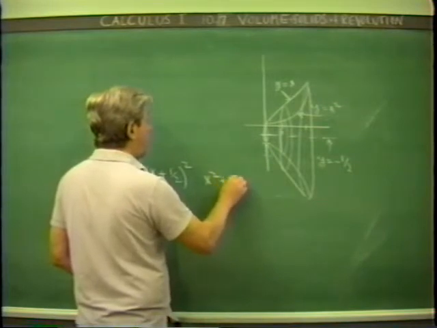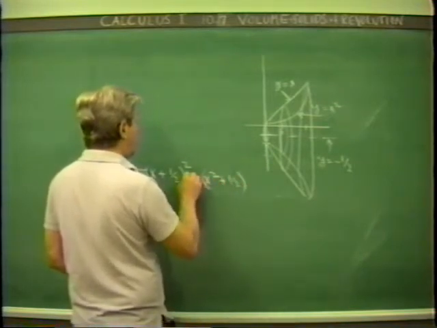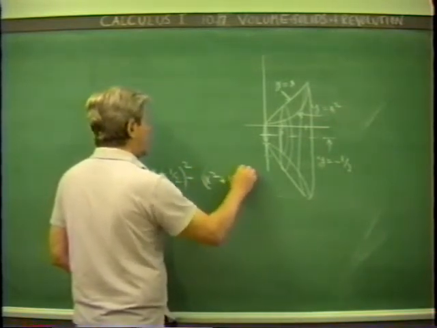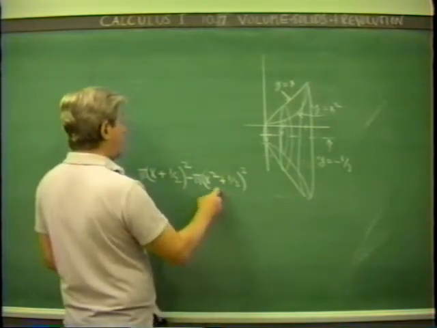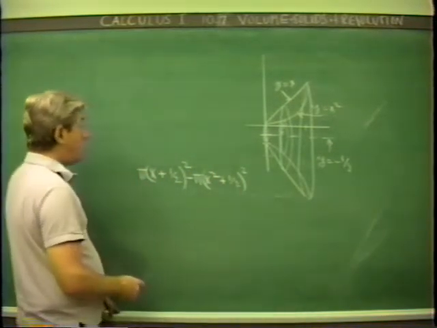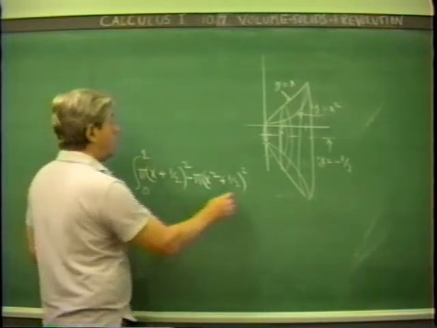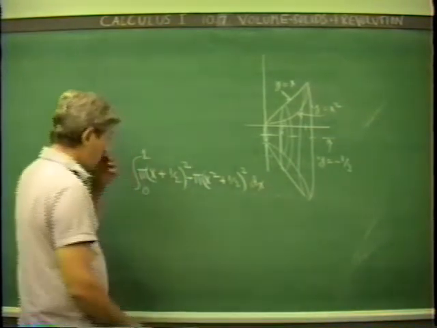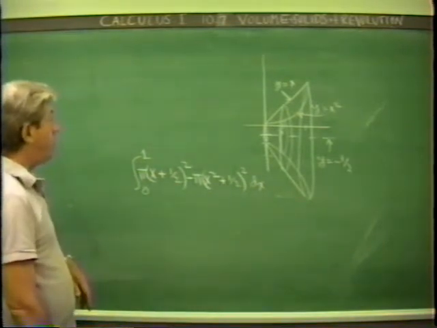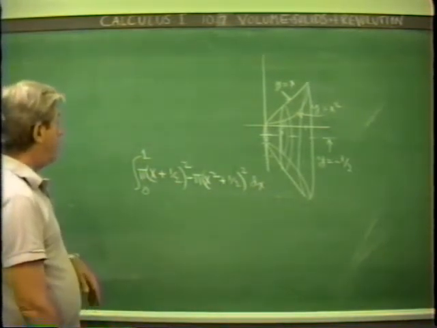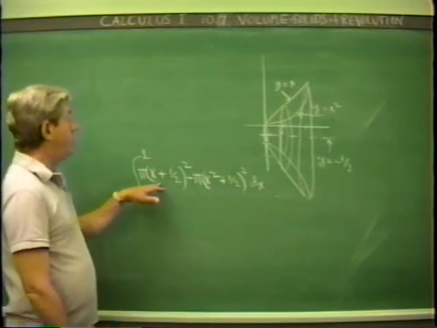X squared minus a half is the radius of the inside circle. So this squared times pi is the area of the inside circle. And so what we want then to do with this is we're going to integrate this from 0 to 1 with respect to x. And this will then give you the volume of the solid.